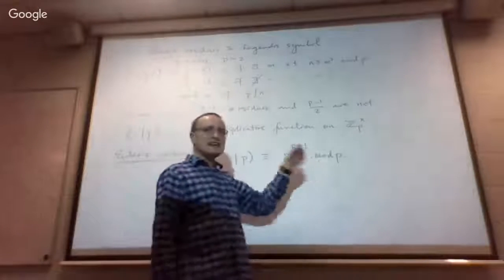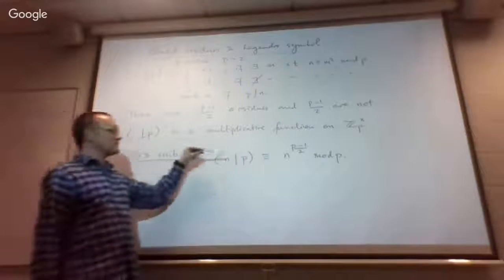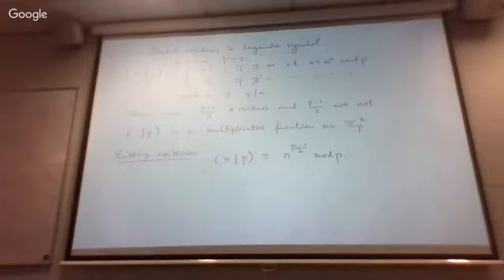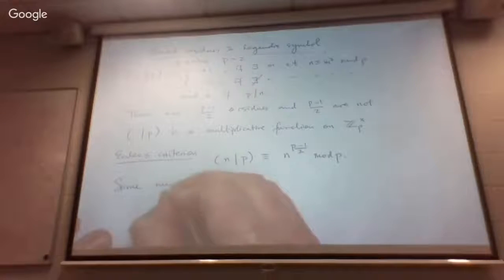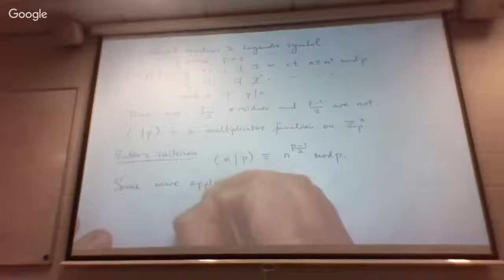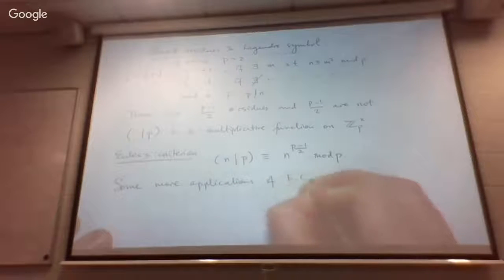When p had that special form, when it was a prime number 1 greater than a power of 2, with Euler's criterion we were able to build an argument, a bit of a roundabout argument, that told us that all the non-residues are definitely generators of the system. So that was nice to see. Where we're going to pick it up is looking at some more applications of Euler's criterion.